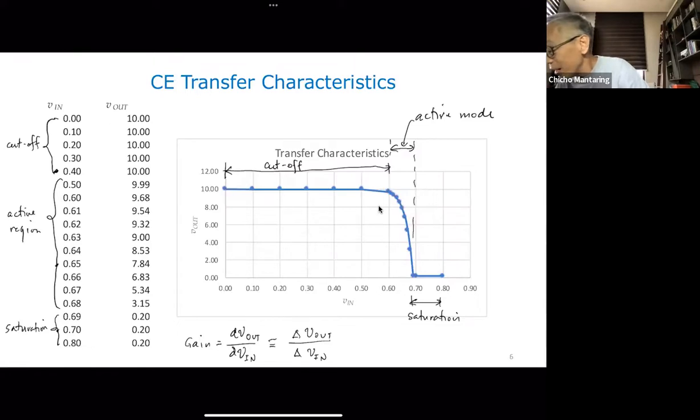So your gain, for example here, what is your gain? Your gain is actually the slope of this line. Gain is the slope, right? By definition also, gain is dV out over dV in. So at this point, you have a different slope.